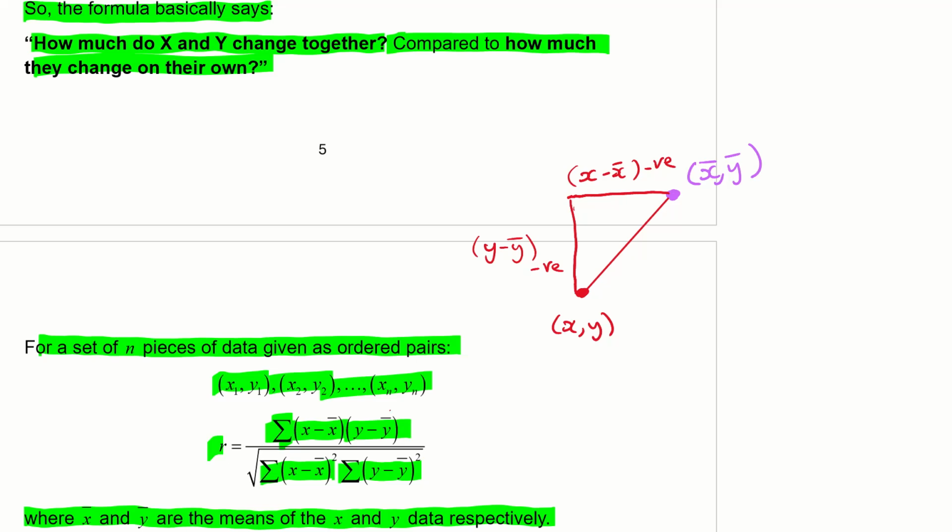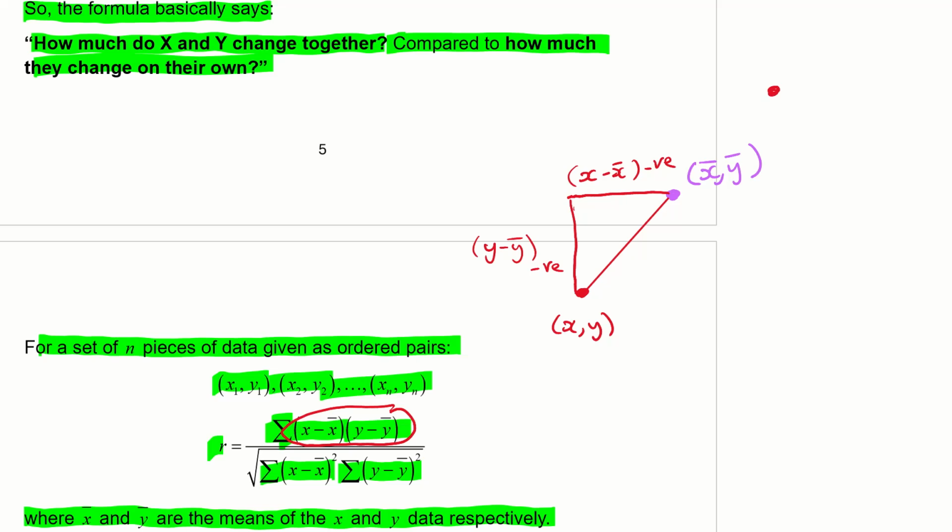So when you multiply x minus x bar, y minus y bar, you'd be doing a negative times a negative, giving you a positive. There'd also be a positive if it's up here, because then x minus x bar would be positive and y minus y bar would be positive.